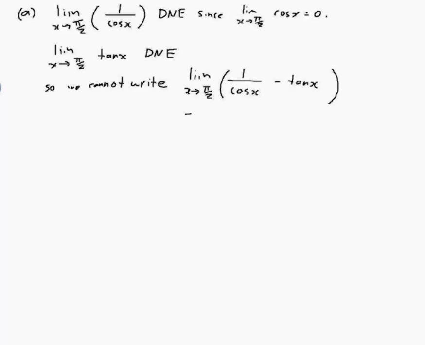So we can't write that by separating the limits: the limit as x approaches pi on 2 of 1 on cos x minus the limit as x approaches pi on 2 of tan x, because those two things don't exist. I'll just underline the fact that we cannot write that so that the reader is aware that I haven't written something that's wrong.